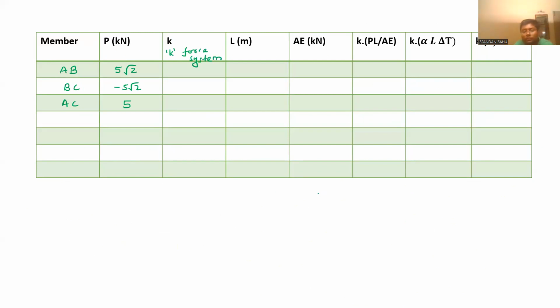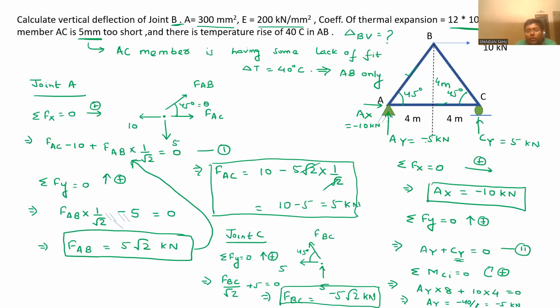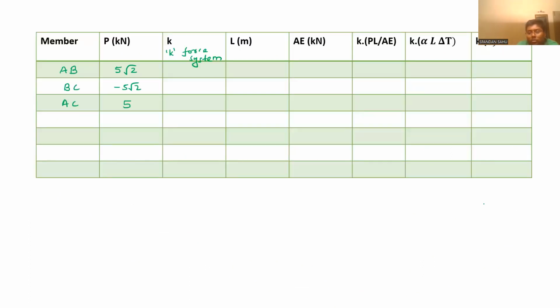Here let this be AY, AX, let this be CY, and due to 1 unit vertical load, what are the member forces that will come to the K force system.